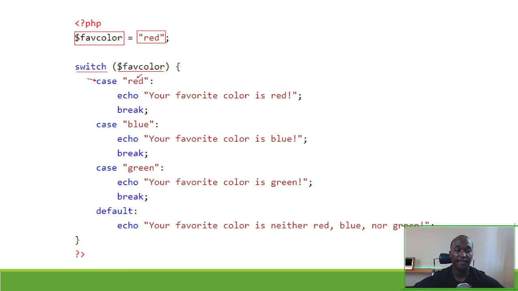If this matches, and in this case it is going to match, then this is going to be executed. After that, the break is going to be executed. So these are the only two lines that are going to be executed in the switch. Then we are out of the switch because this case has already matched.